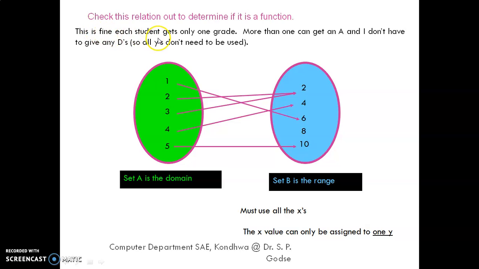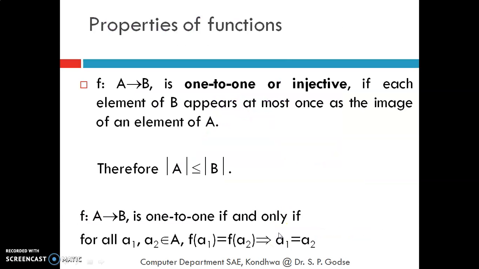Suppose this is fine, each student gets only one grade, more than one can get an A, and I don't have to give any D's, so all y don't need to be used. So in this case all y is not used. As we saw initially, from the codomain set some of the values may be used, others are not assigned, and that is fine. So this is a function.